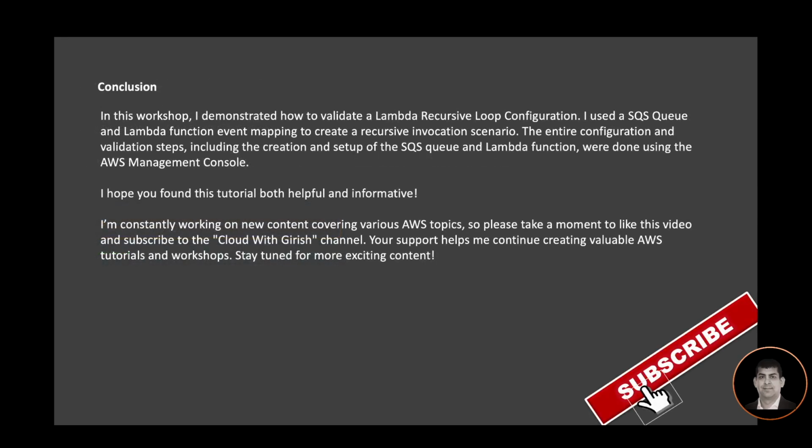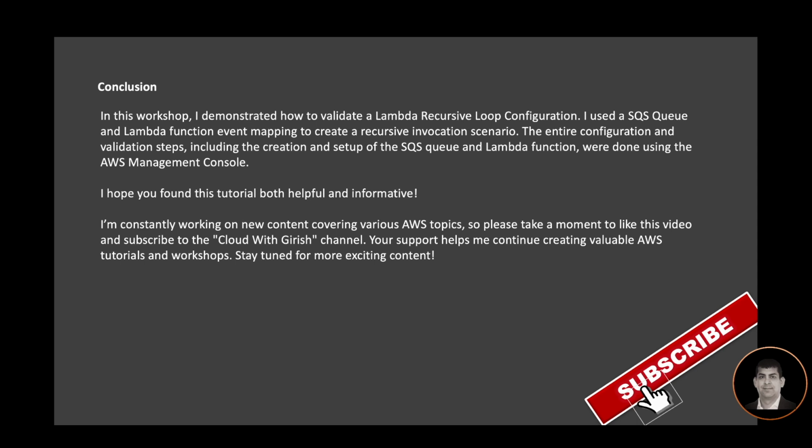So in this workshop, I demonstrated how to validate a Lambda recursive loop configuration. I used an SQS queue and Lambda function event mapping to create a recursive invocation scenario. The entire configuration and validation steps, including the creation and setup of the SQS queue and Lambda function, were done using the AWS Management Console.